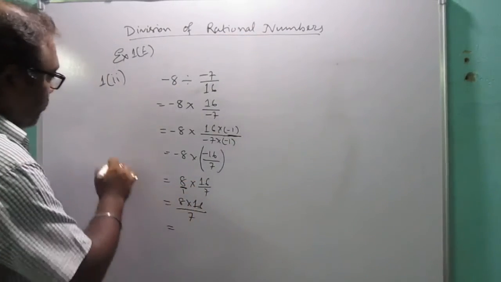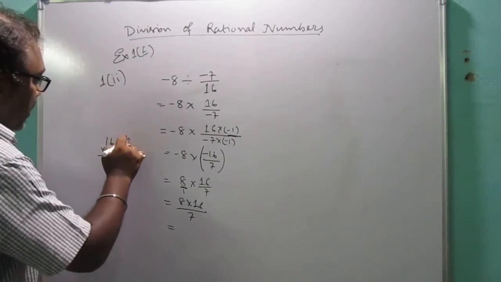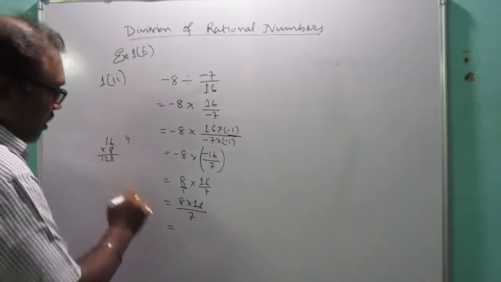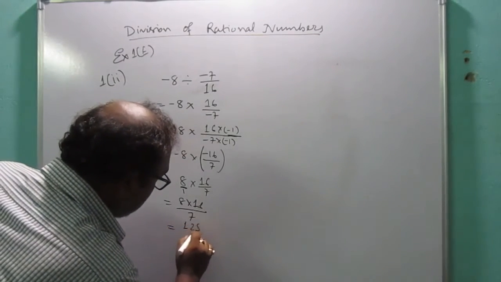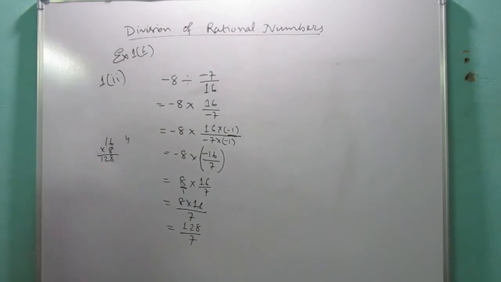Okay, so 8 into 16 how much? 16 into 8, 8 sixes are 48, 8 ones are 8, 128 by 7. So this is the answer, 128 by 7. Okay, so now we will do 1 5.